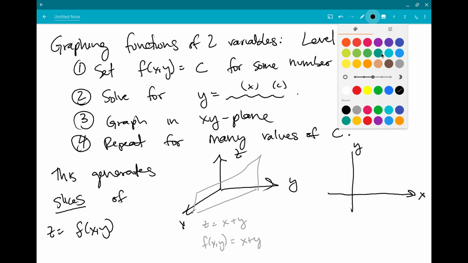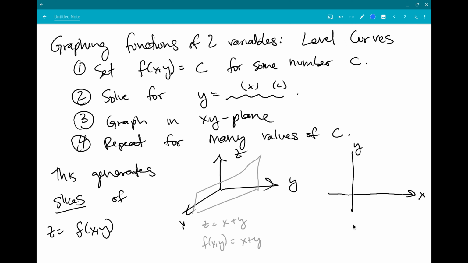Let's give them a color, for a bunch of different values c. There's c equals 1, c equals 2, c equals 3. How I got that will make sense when we do our example. I just wanted to show you real quick so you have a visualization.